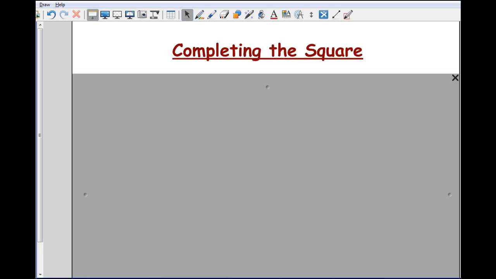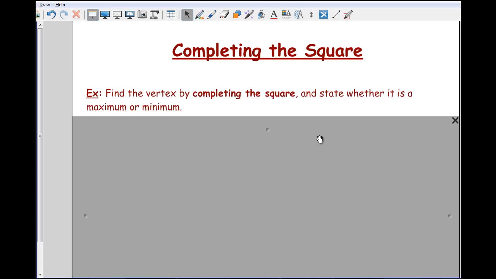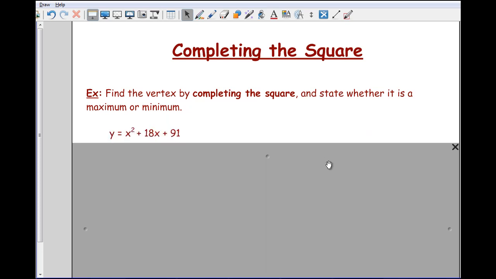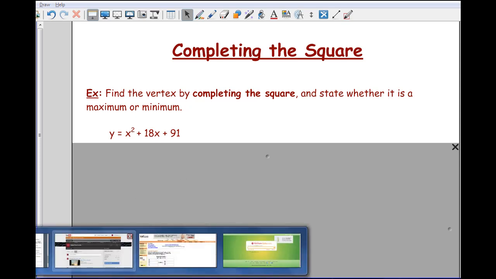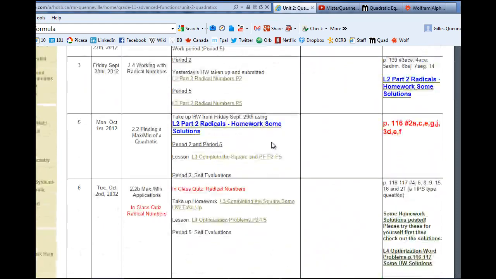Okay, so completing the square. Find the vertex by completing the square and state whether it is a maximum or a minimum. The example is y is equal to x squared plus 18x plus 91. Whenever we took this up in class, if you go to our course website, we did a lesson on completing the square.